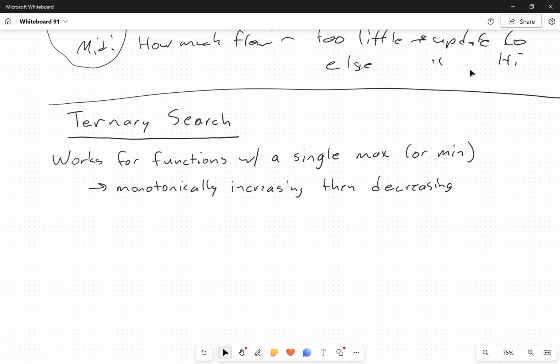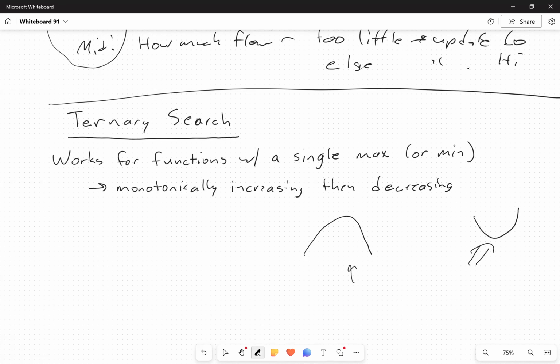Okay, so a function that goes like that is what I'm talking about. Now, the whole thing works just as well if it were the other way around. You just reverse the signs of everything. So it's the exact same principle if you're looking for a situation like that, but we're going to assume it's a situation like this one.